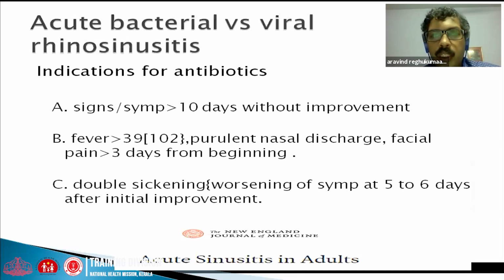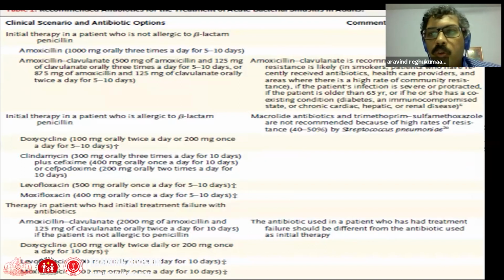Okay, so if we look at our patient, who has been symptomatic only for 2 days, probably we can wait. Suppose this patient has been having high-grade fever, purulent nasal discharge with facial pain for 4 days duration, probably this patient will merit treatment with antibiotics.